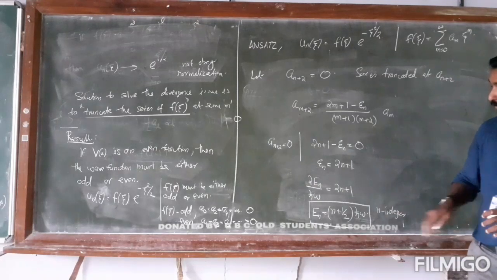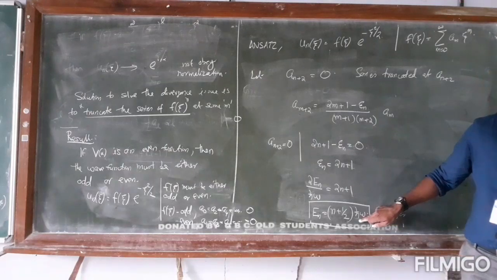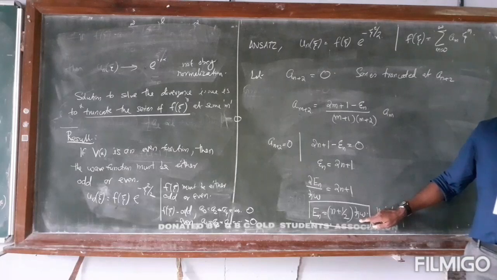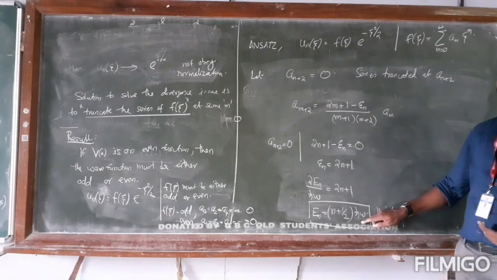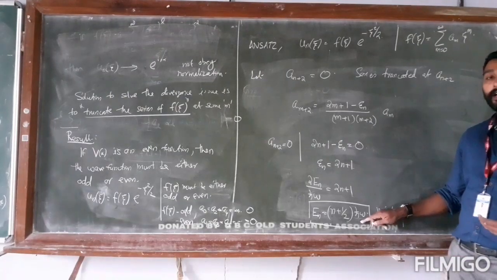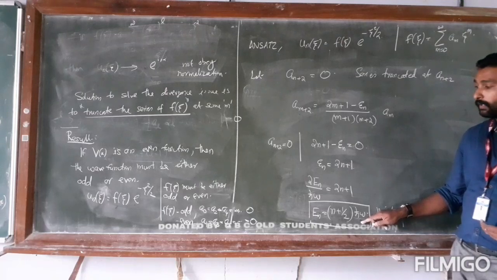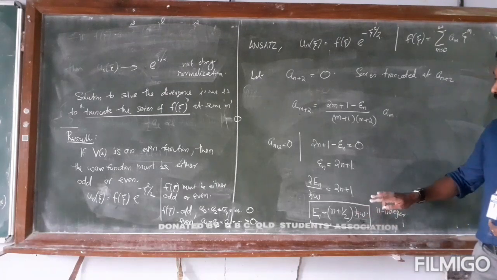It is not only quantized, and we are getting one more thing: there is a lowest possible energy, and the lowest possible energy cannot be 0 for a harmonic oscillator. There is always a zero point energy, equal to half h cross omega. And each consecutive energy level differs by h cross omega. So the entire details we are getting from here.